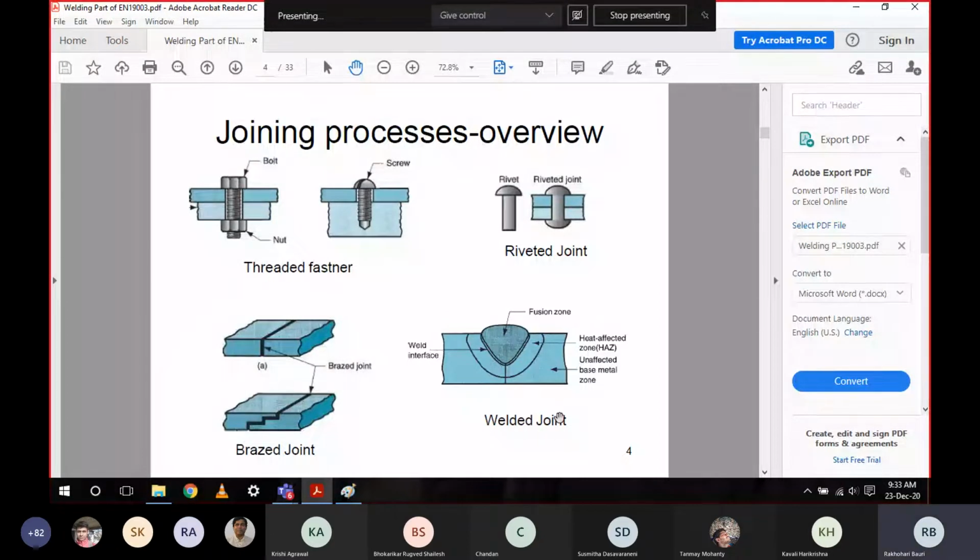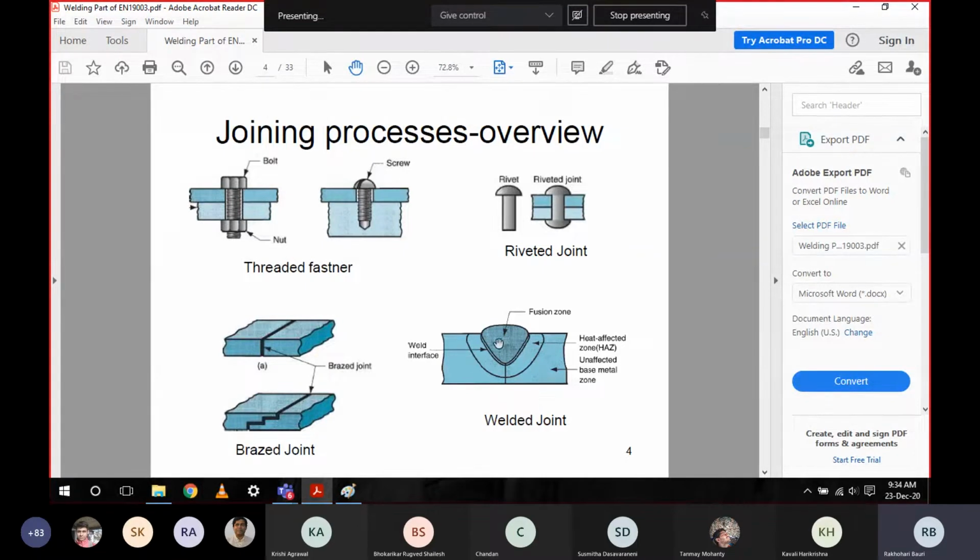And this third one is the welded joint. Here this one is one part and this one is another part, and they have been joined by fusing the common section here with the help of some source of heat. They have been melted and fused in the molten state, and it has been solidified.